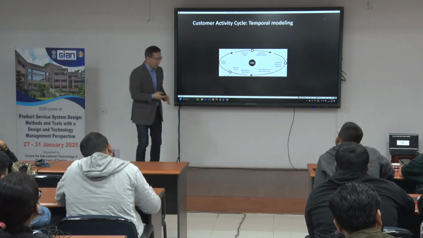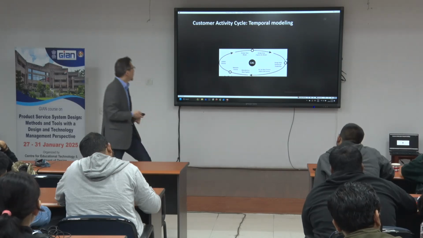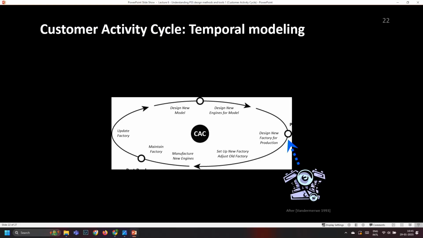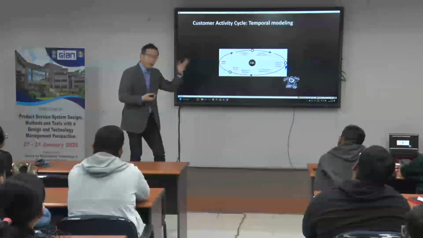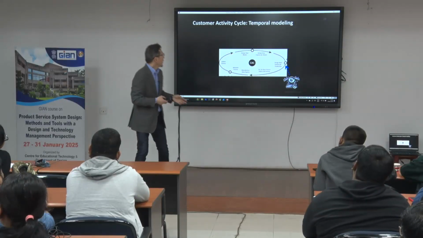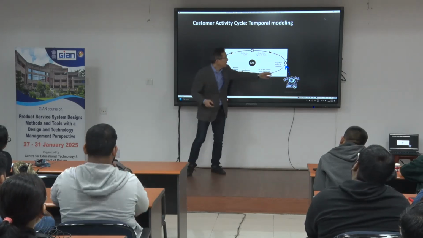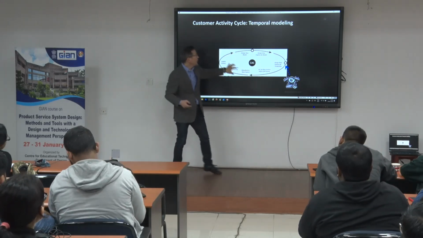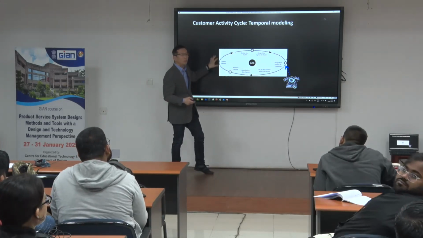So if you are, let's say, a manufacturing company, and you have a customer, you manufacture an engine, let's say, and then an engine is designed and produced and shipped to your customer. And then the customer uses the engine in one way or another in their own production system.